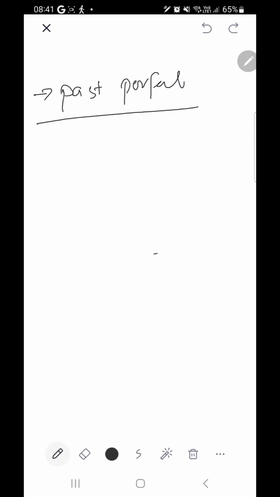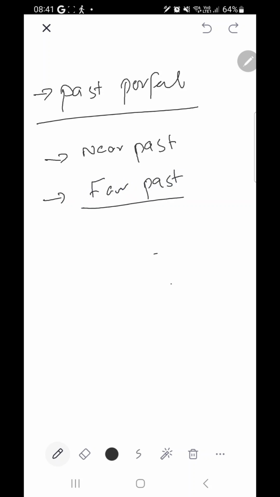I'll give you an example for that. Normally we write in past simple tense or present perfect tense, but past perfect is normally written in the letter when we have to differentiate the order of events. I mean by that, near past and far past. So for near past we use simple, and for far past we use perfect tense.